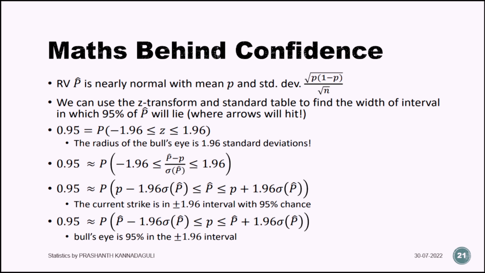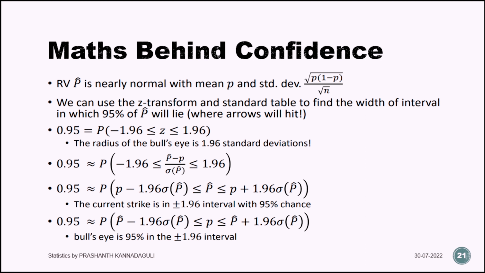If you are trying to relate this to the previous example, the bull's eye problem, an arrow hitting the bull's eye with 95% confidence, that is modeled using this particular concept.